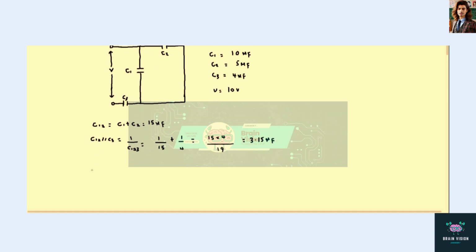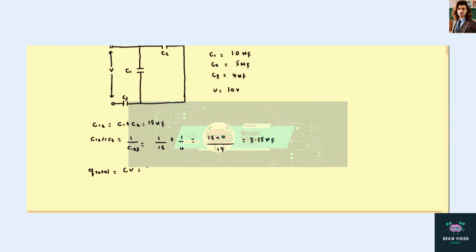The total charge Q flowing through the circuit will be given as C total times V, C being the capacitance and V being the potential, the total volts in the circuit.